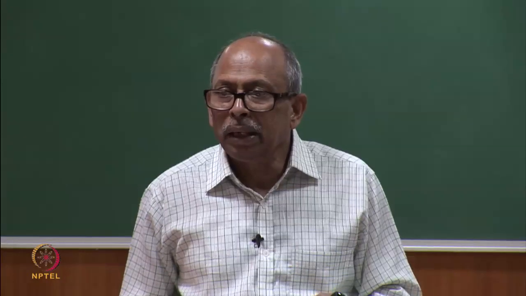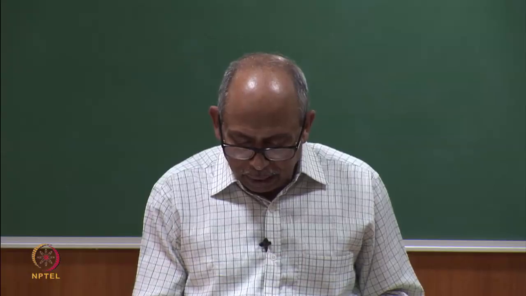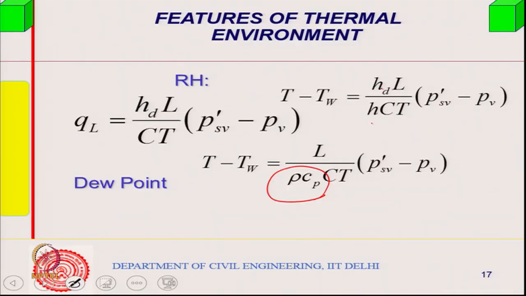So, if the density and specific heat of this are known, this multiplied by T, Hd by H can be related to rho Cp.